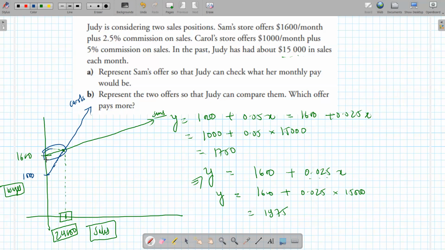So less than 24,000, the green one's good. More than 24,000, the blue one's good, which is Carol's, and at exactly 24,000, they are equal, okay? But she does like 15,000-ish. We know for 15,000, Sam's is better, which we knew before, because 15,000 is somewhere there, and here Sam's is better than Carol's.